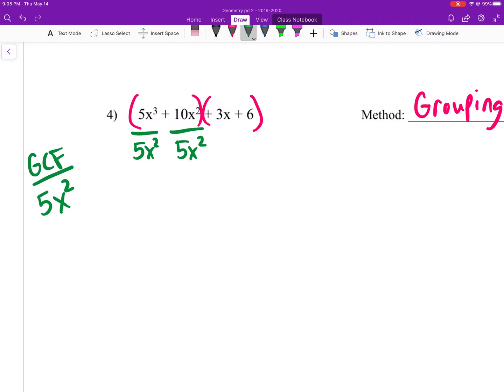This is now true GCF factoring, so the 5x squared gets thrown out front of the parentheses. 5x cubed divided by 5x squared is just x to the first power. Now 10x squared divided by 5x squared is just 2, so plus 2.